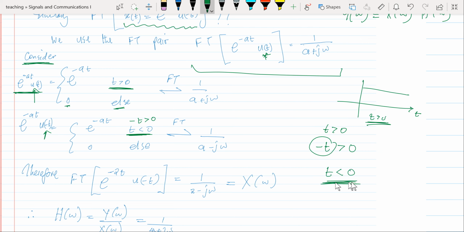So this equation remains valid on the negative side of our axis. That is how we obtain this value, and this remains the same as it was before.